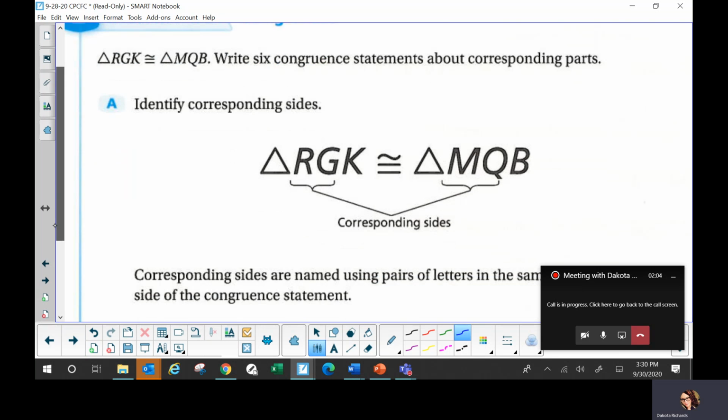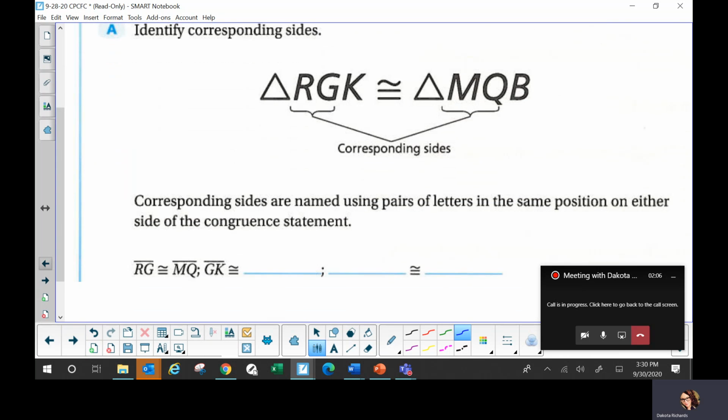Okay, so here, let's identify what a corresponding part is. Something I like to do, I like to stack the letters on top of each other. So when we're talking about triangle RGK, and that's supposed to be congruent to triangle MQB, this allows me to see what angle is corresponding with what other angle and what side is corresponding with what other side.